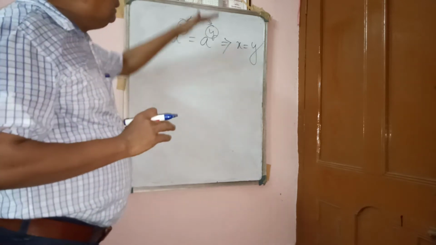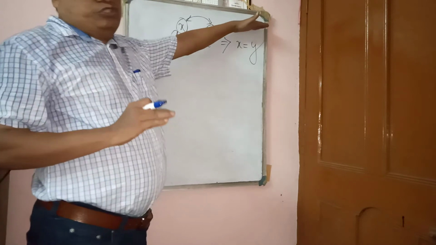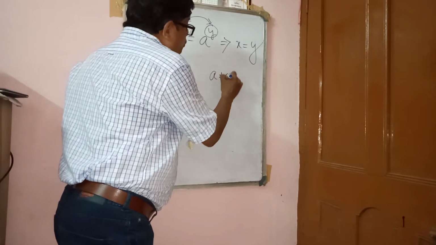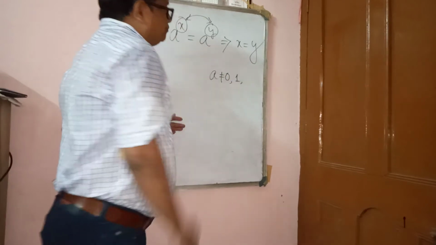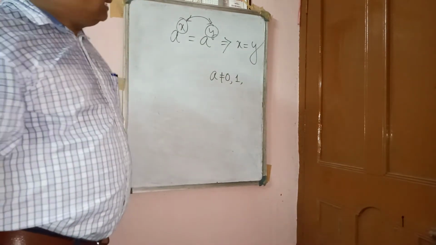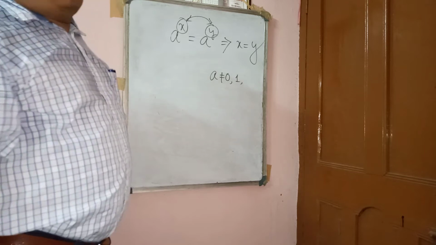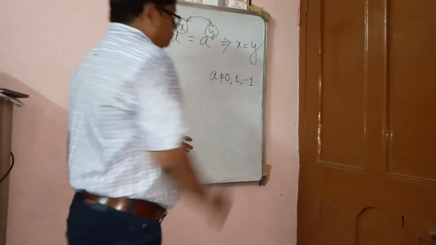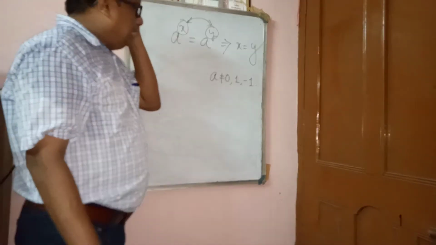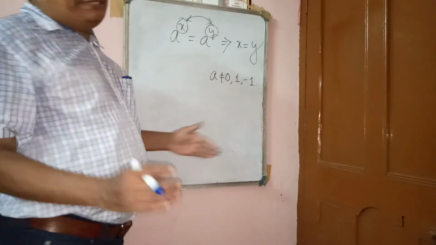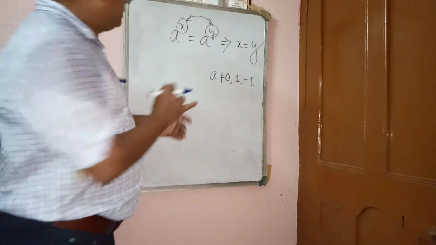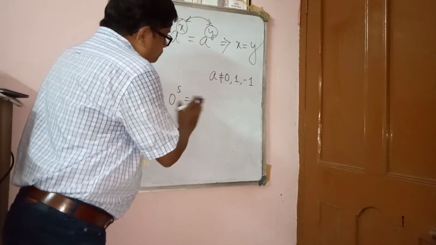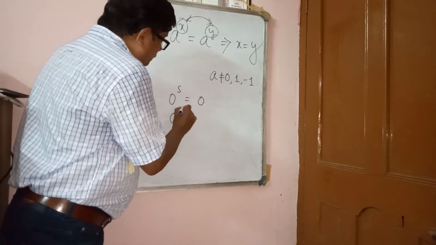This relation only holds if a is not equal to 0, 1 or minus 1. I have to explain. First, consider 0. 0 to the power 5 is 0, and 0 to the power 3 is also 0.